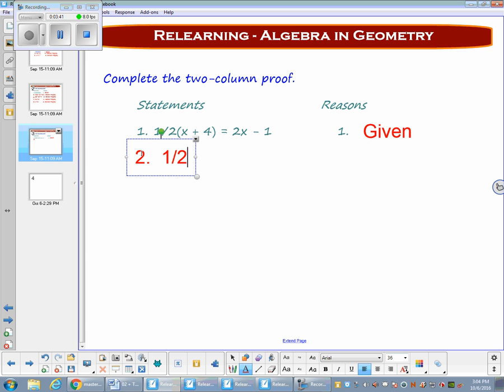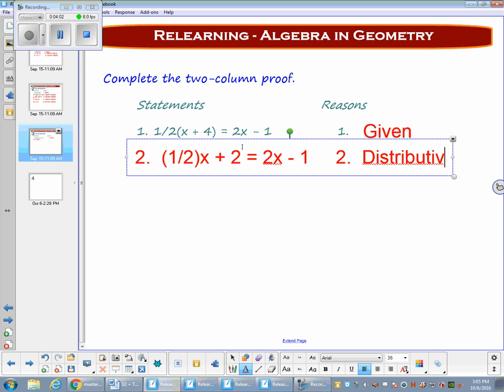So I'm going to do 1/2. I'm just going to put that in parentheses to make it easier for me to type it. And then 1/2 of 4. So if we go over the parentheses, 1/2 of 4 would be 2, equals 2x minus 1. And the reason I can do that is distributive property.